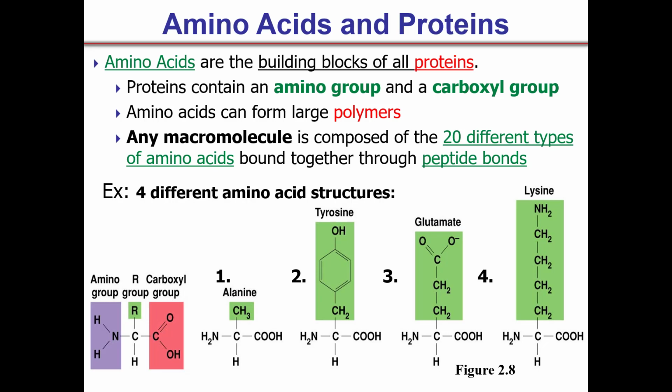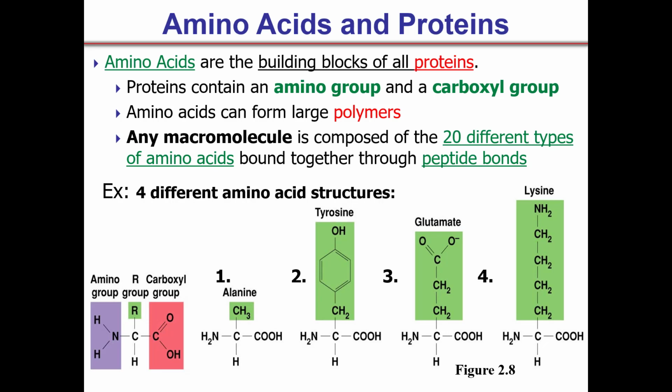And most functional proteins in the body are going to be the doers. So molecules that participate in chemical reactions and things like that are typically protein-based. So the amino acids are assembled in the correct order in order to make a functional protein.